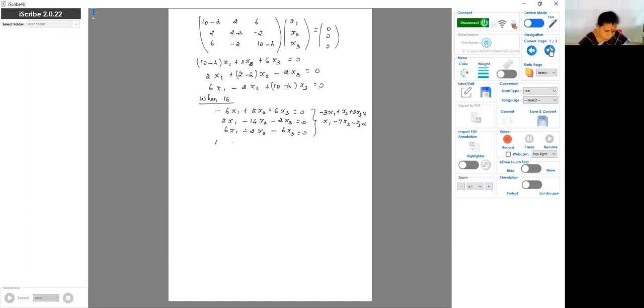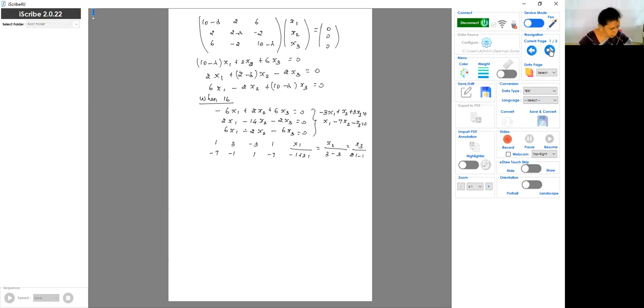So it is 1, 3, minus 3, 1, minus 7, minus 1, 1, minus 7. By applying, we get x1 by minus 1 plus 21 equal to x2 by 3 minus 3, and x3 by 21 minus 1.